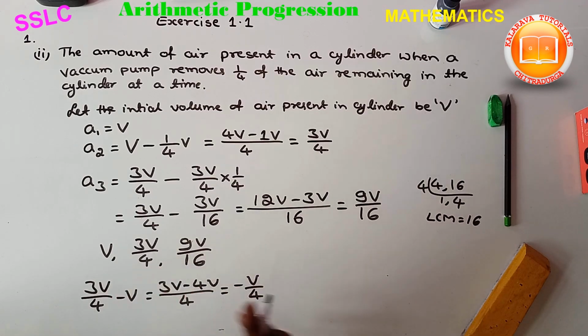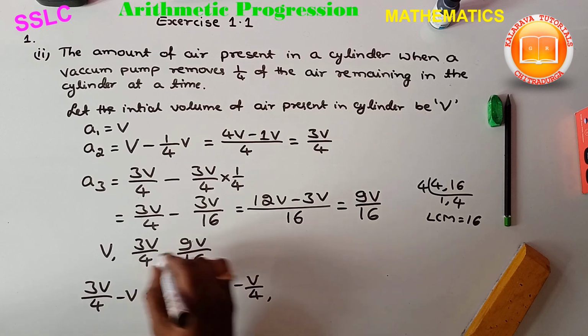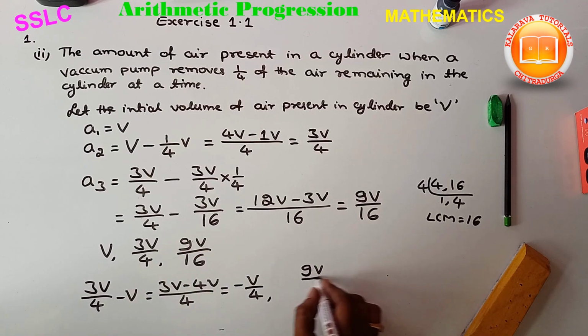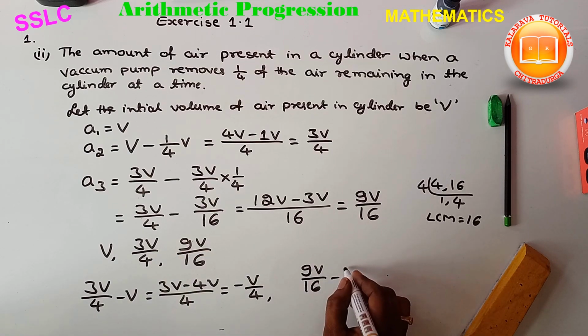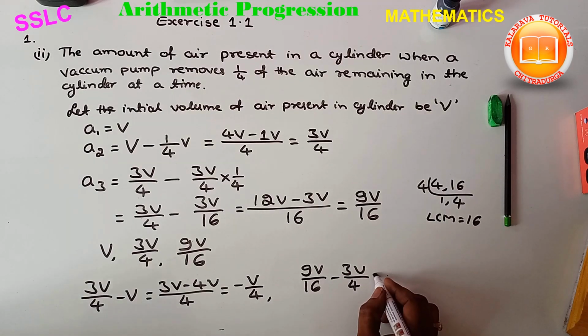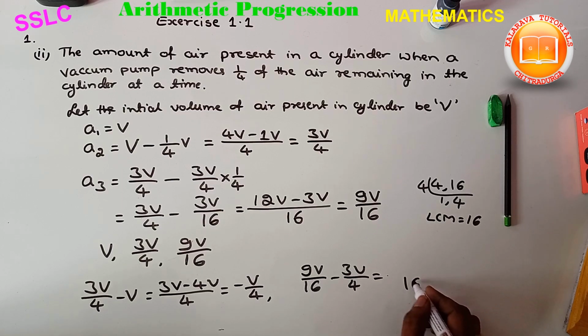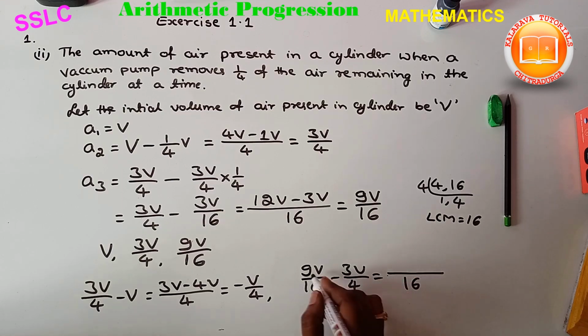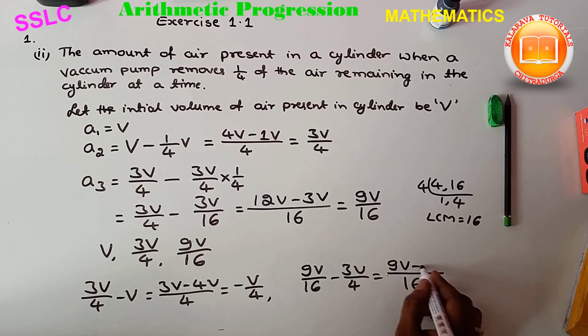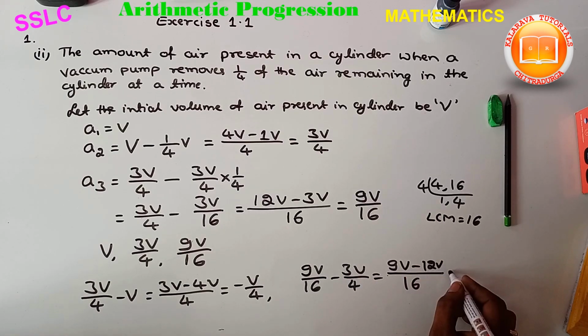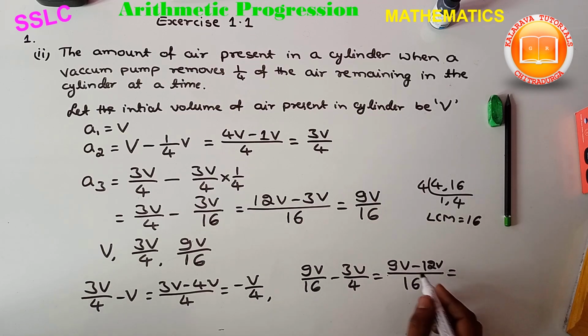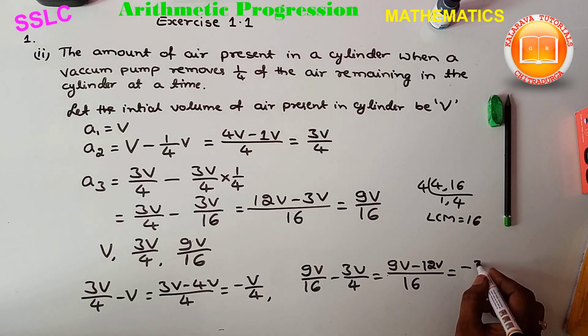Then we take the difference of the next two terms: 9V divided by 16 minus 3V divided by 4. Here also we take the LCM as 16, so 16 ones are 16, 1 into 9, 9V, minus 4 fours are 16, 4 threes are 12V. By subtracting these two terms, 9V minus 12V gives you minus 3V divided by 16.